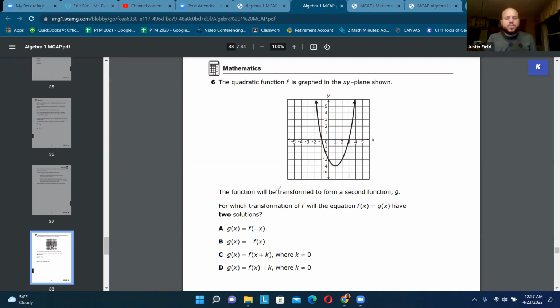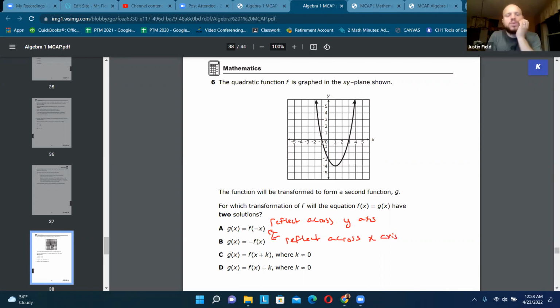So if we reflect it, these two are reflections across the x-axis, reflecting across the y-axis. Let's write this down. This is reflect across the y-axis, and this one is a reflection across the x-axis.